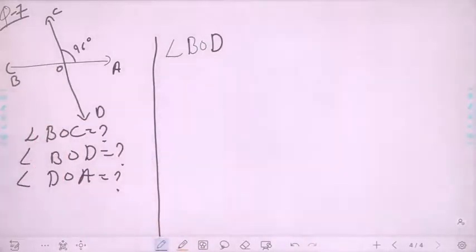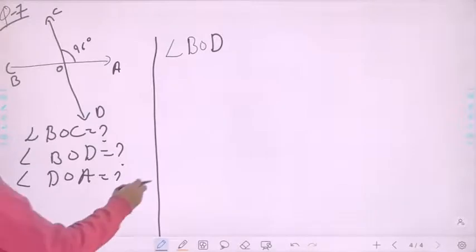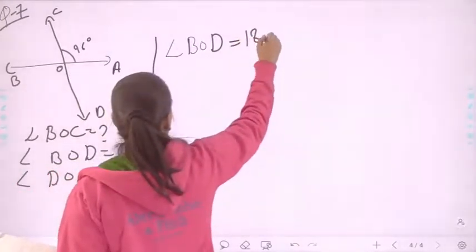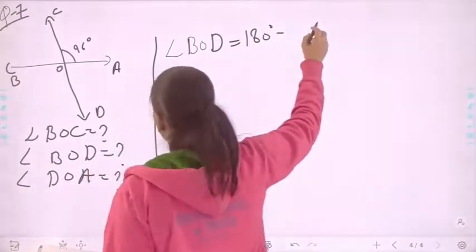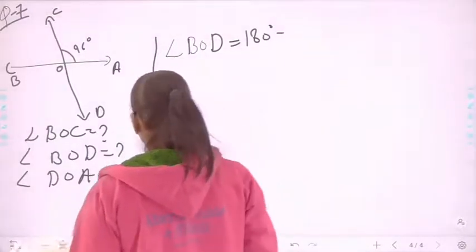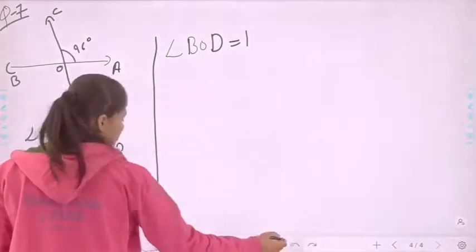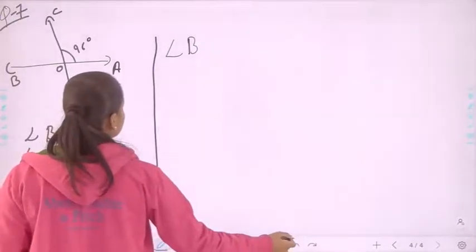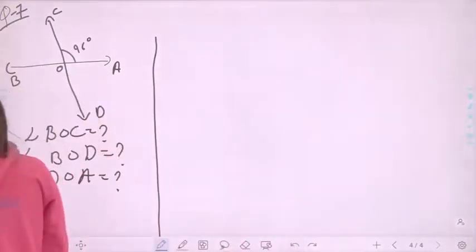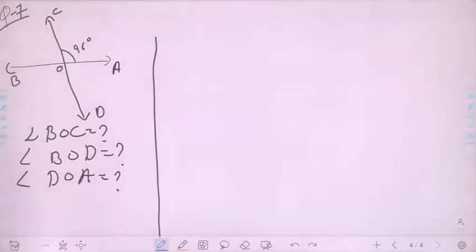So students, sum of measures is equal to 180 degree minus 84. First of all, we will find AOD. जो हमको figure given है, that is AOC, that is 96.